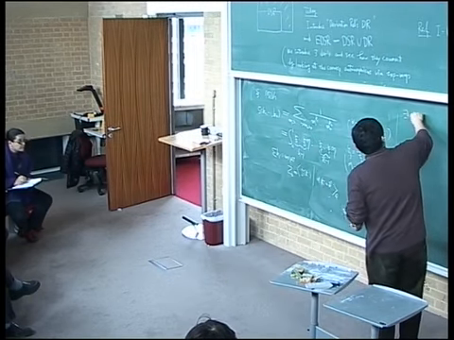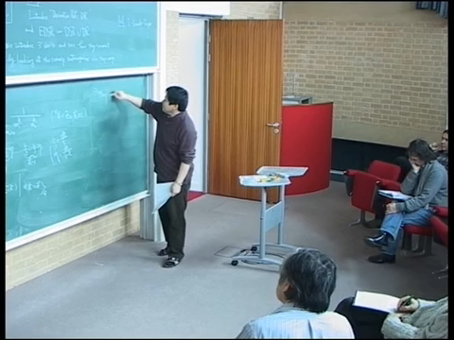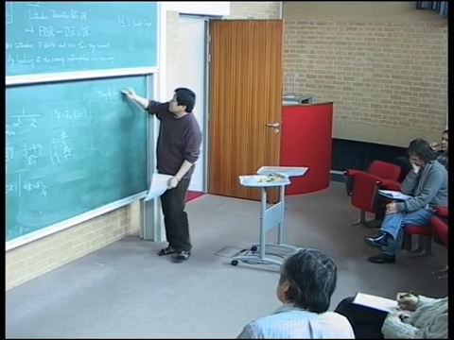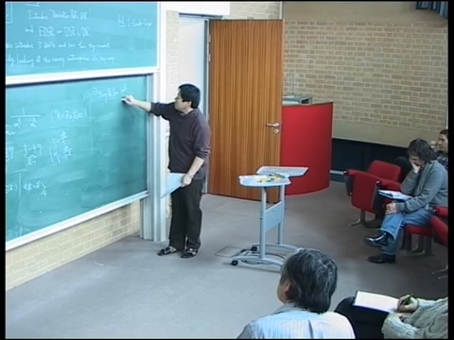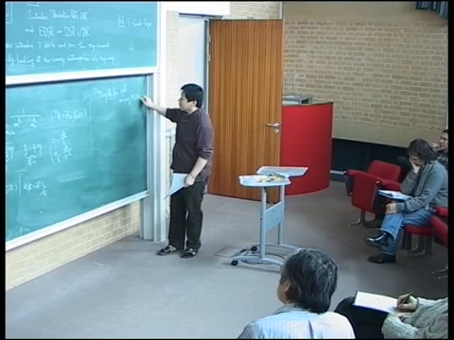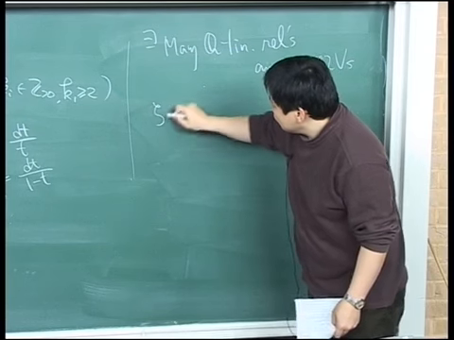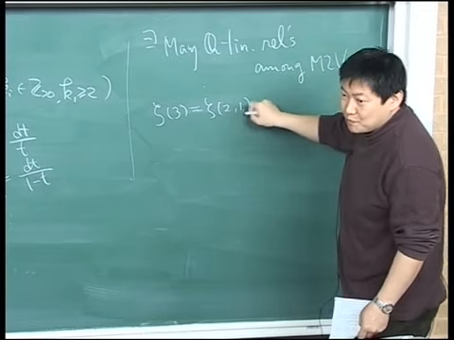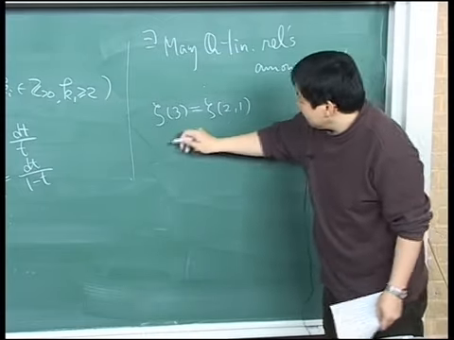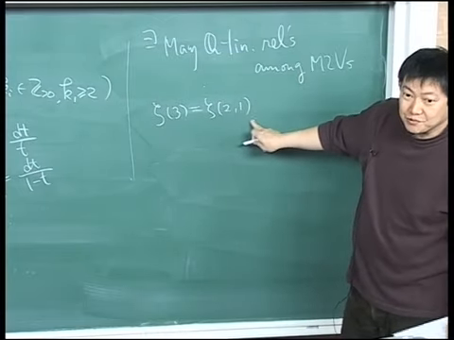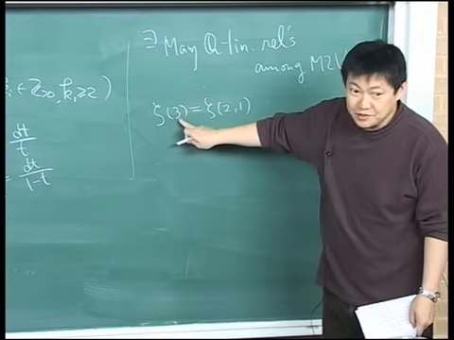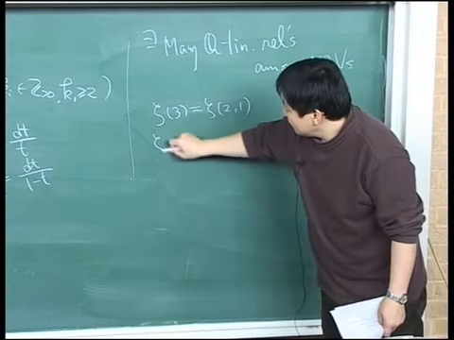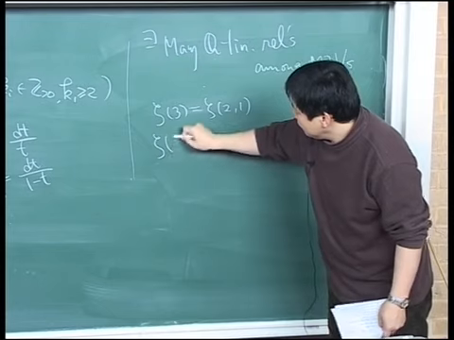There are many linear relations among multiple zeta values. The simplest one is probably this one, found by Euler. All relations respect the weight, so both sides here have weight 3.